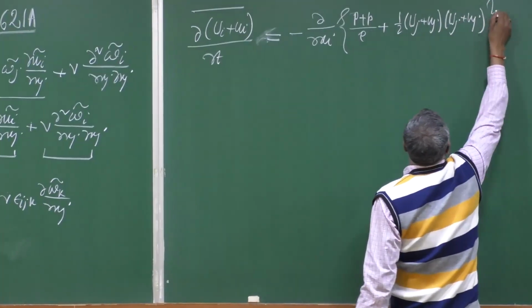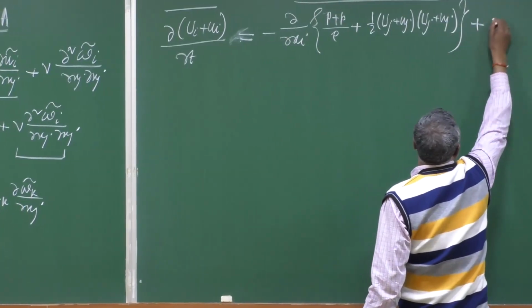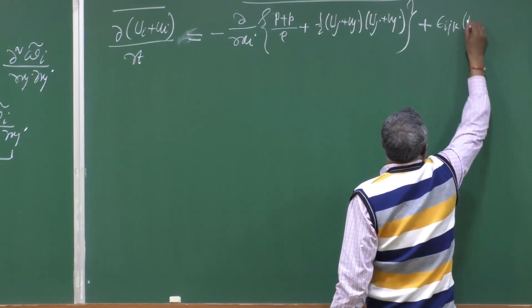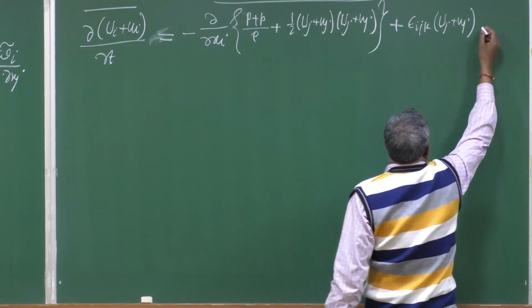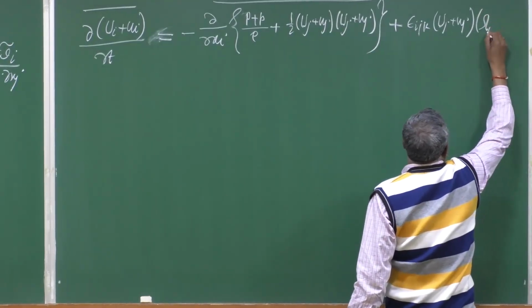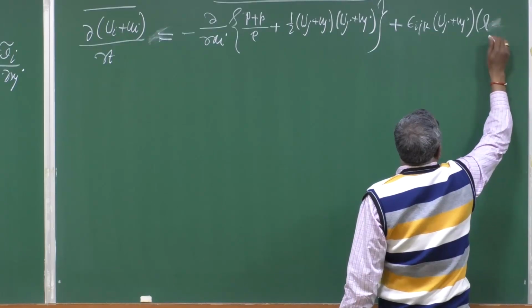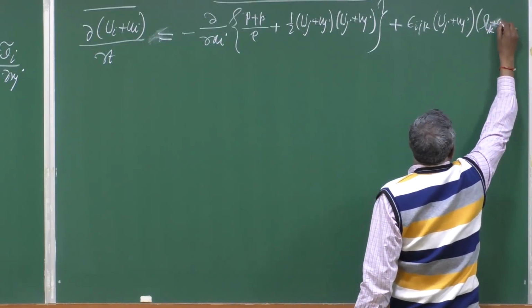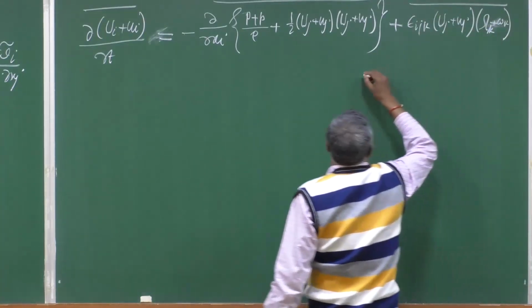Okay. So, time average of this term, plus epsilon_ijk (U_j plus small u_j) times (capital Omega_k plus small omega_k), average of this.